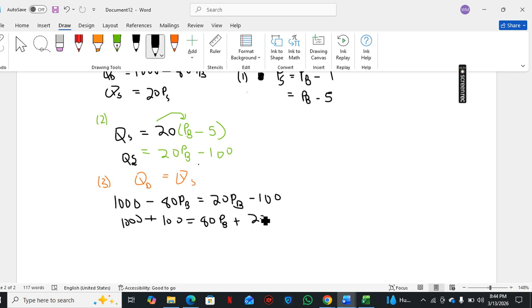You're going to get 1000 plus 100, which is 1100, equals 80 PB plus 20 PB, that is 100 PB.